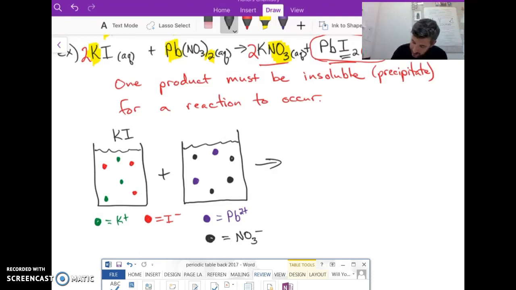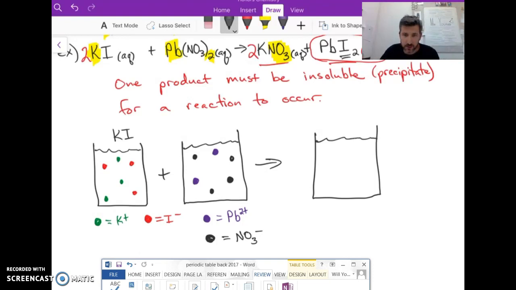It's not unless I get a solid insoluble product, like in this case PbI2, that I know that I've had a reaction.